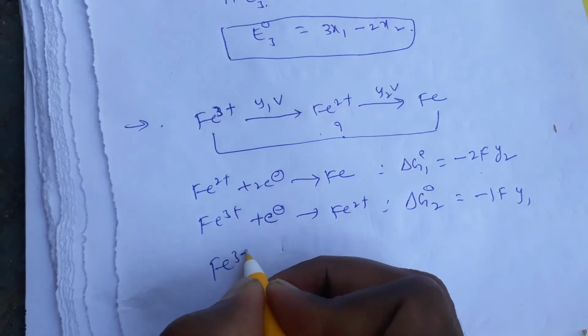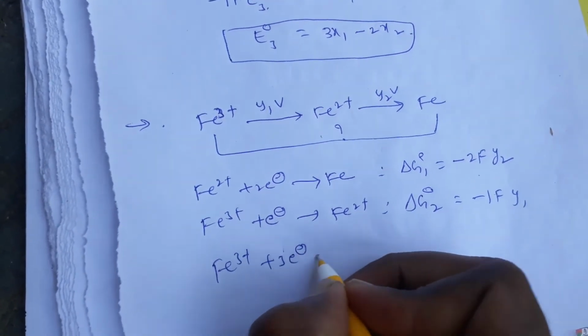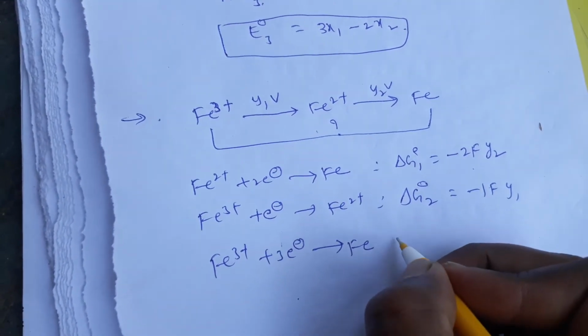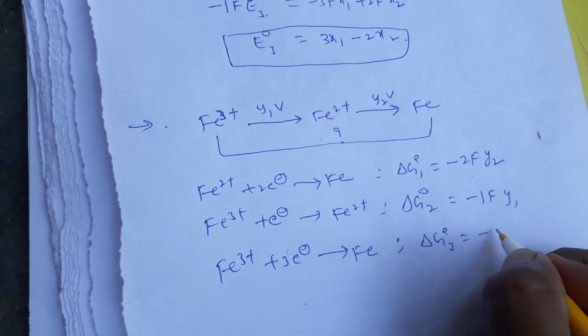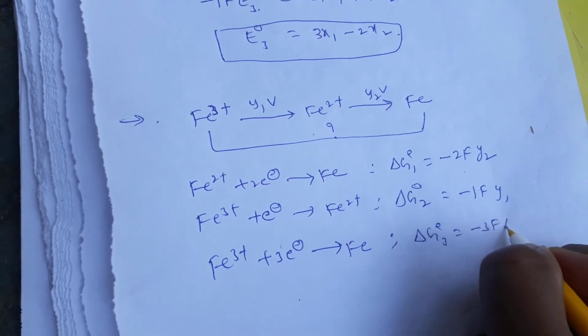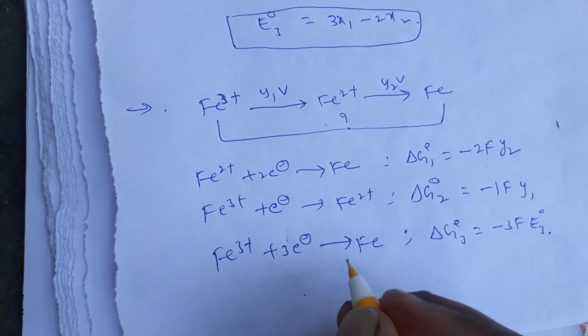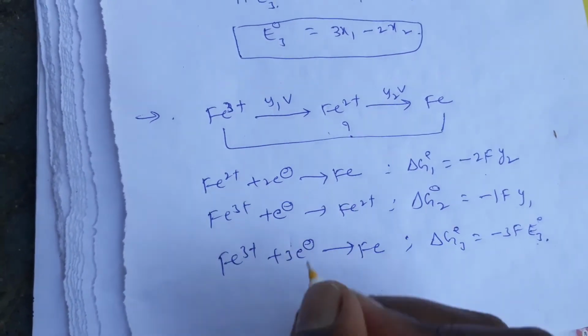Next, Fe3+ plus 3 electrons going to Fe, that is delta G naught 3 is equal to minus 3F E naught 3. So this is the E naught 3 we have to find out.